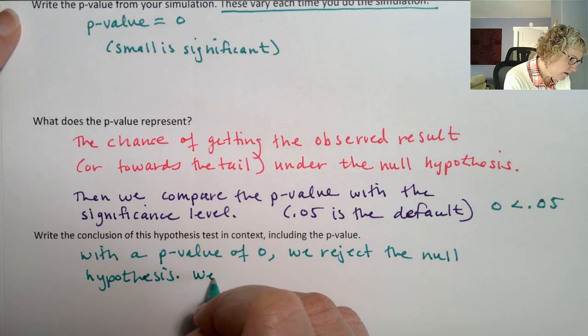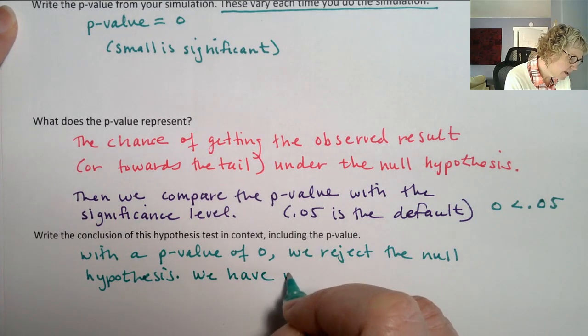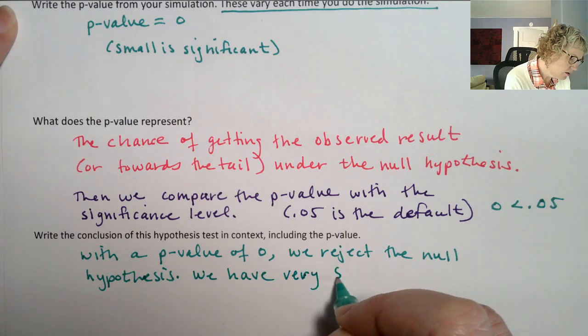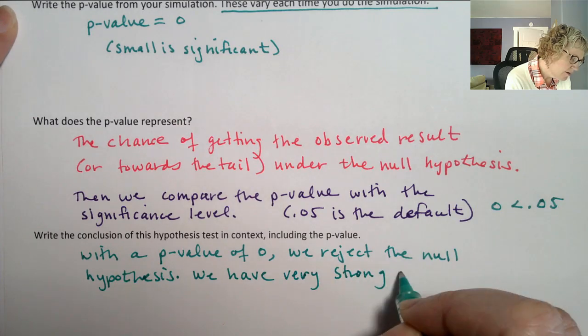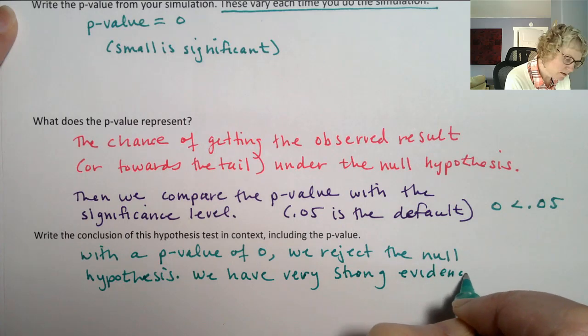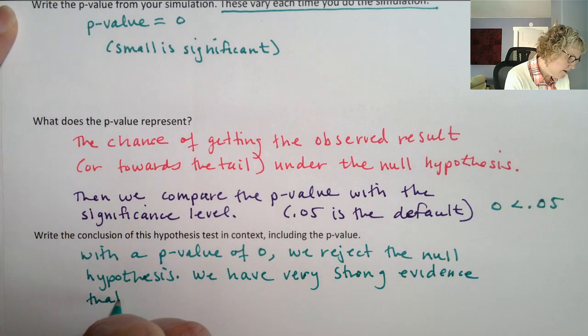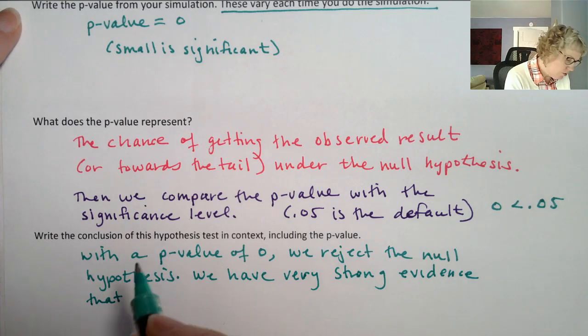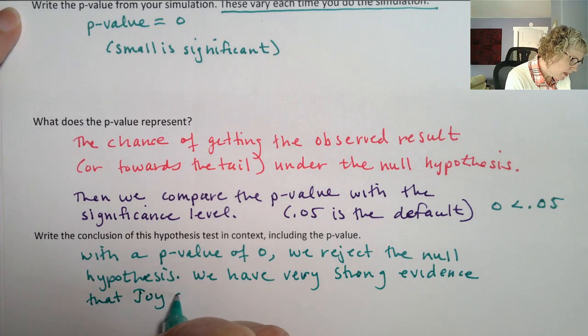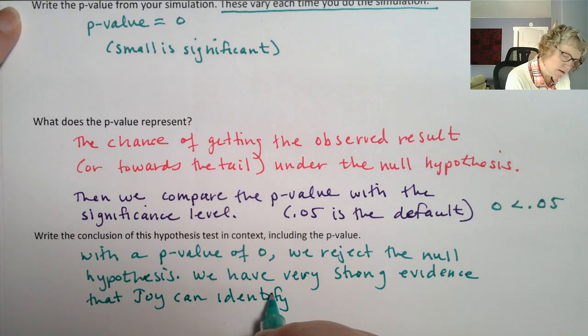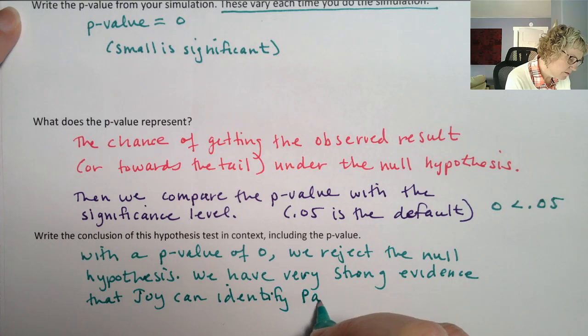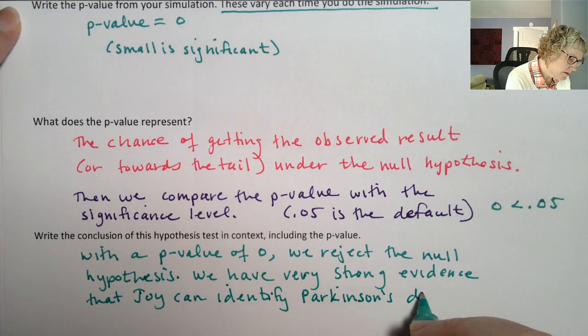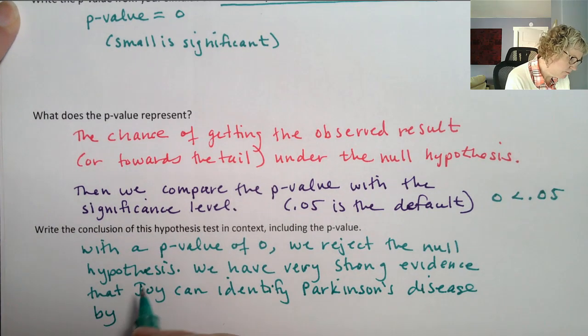So in this case, we have very strong evidence that, and then we want to put it in context, that Joy can identify Parkinson's disease by smell.